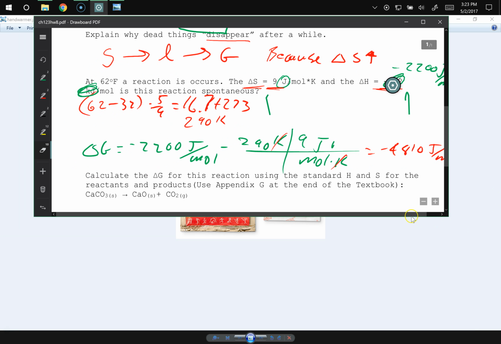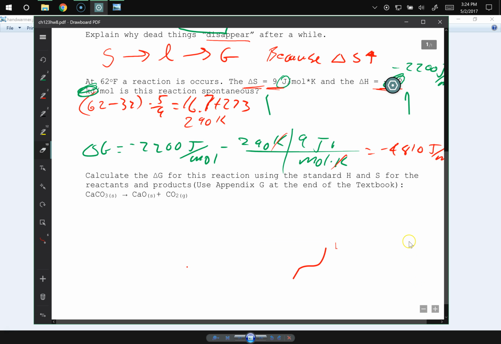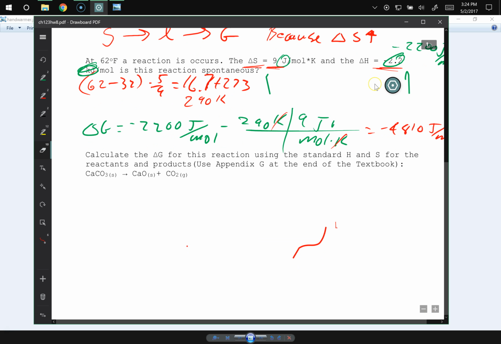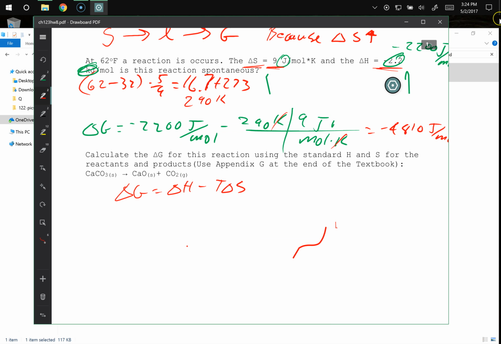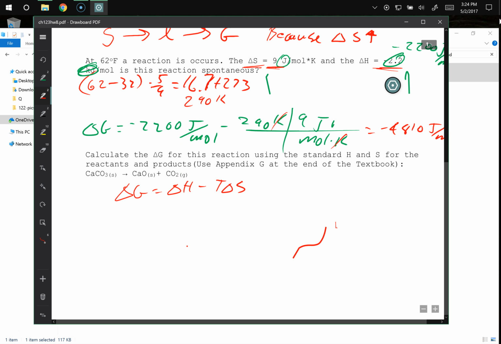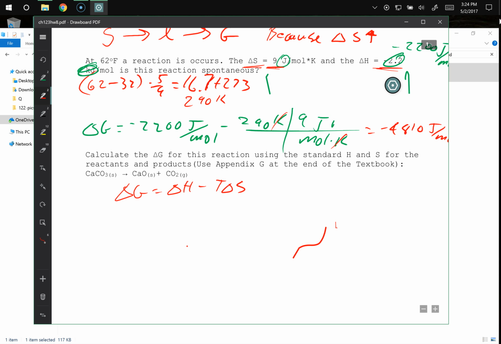Okay, so what do we want to do with this last problem? What do you need to do? We're using, so we needed to find the delta H's for the reactants and products and the delta S's for the reactants and the products.